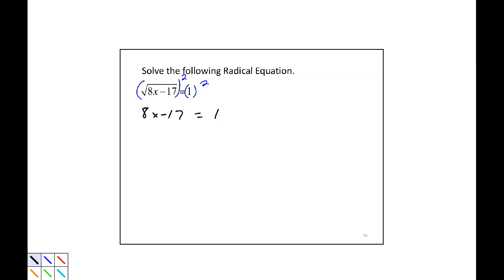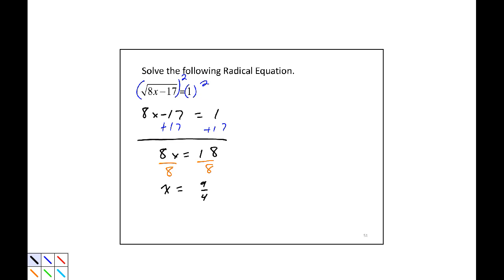Now we can solve this by adding 17 to both sides. All right, so we have 8x equals 18, and then we will divide by 8. So that we have x equals, and that would simplify to 9/4.